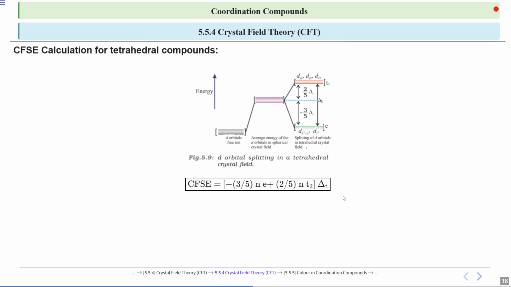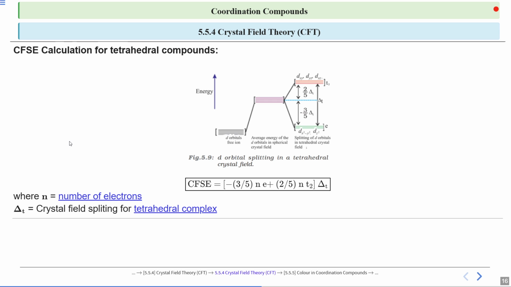Delta T is the crystal field splitting for tetrahedral complexes. So this is the formula you can use for the calculation of CFSE for tetrahedral compounds.